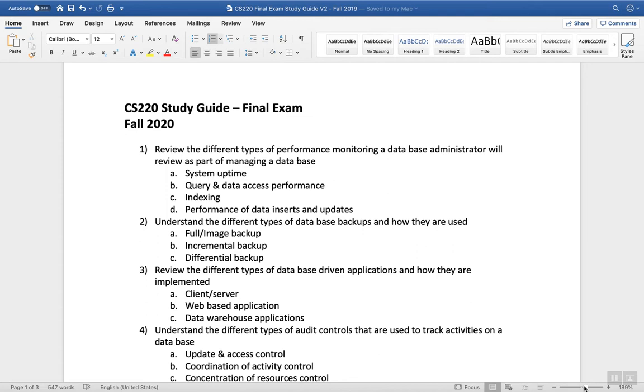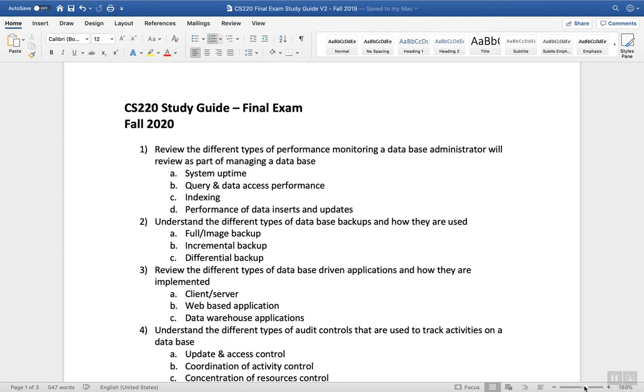But in addition, we also have data access, the speed of a data query. How quickly can we get data out of the system? That's obviously one of the first things users are going to see. Assuming the system is up, the next thing they're going to be interested in is how quickly they can get their results back.